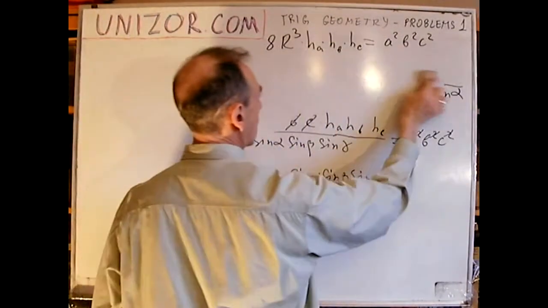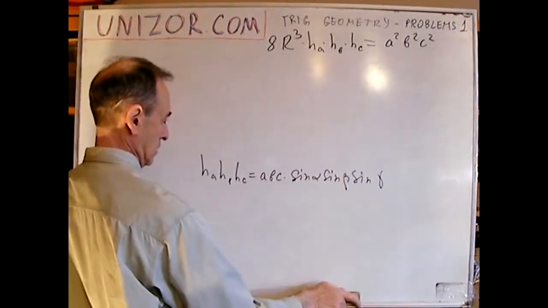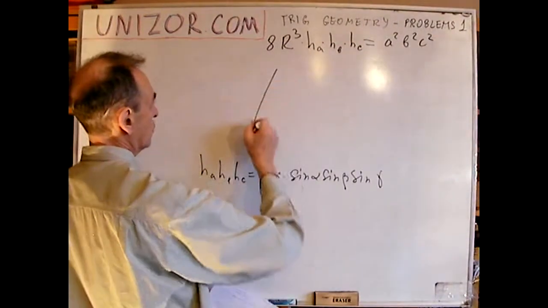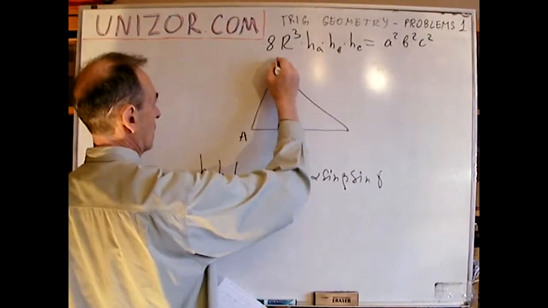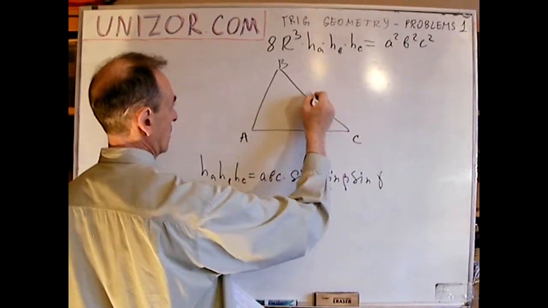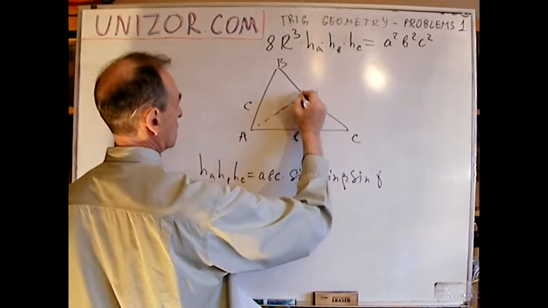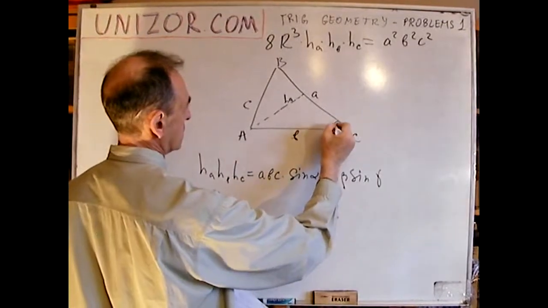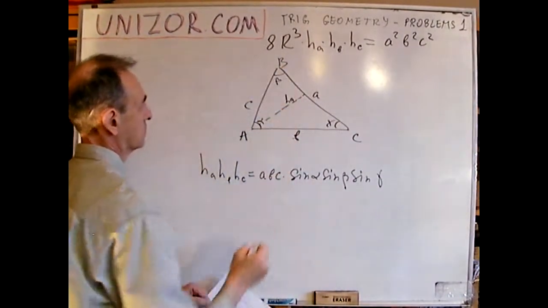Let me just draw another picture where it would become kind of obvious. If you have a triangle A, B, C, this is HA, now this is gamma, alpha, beta.